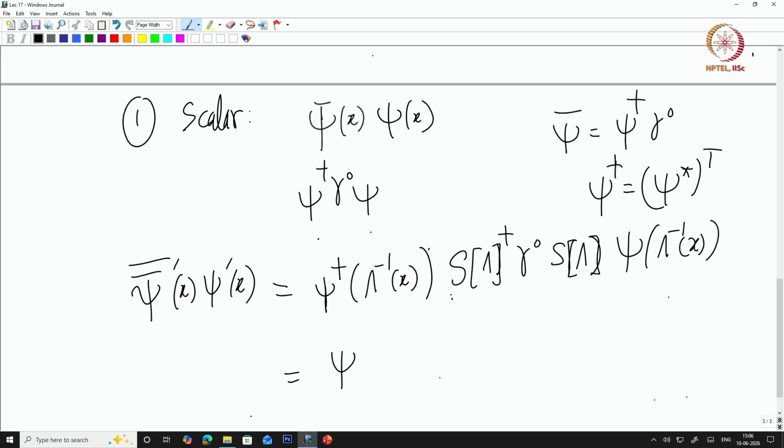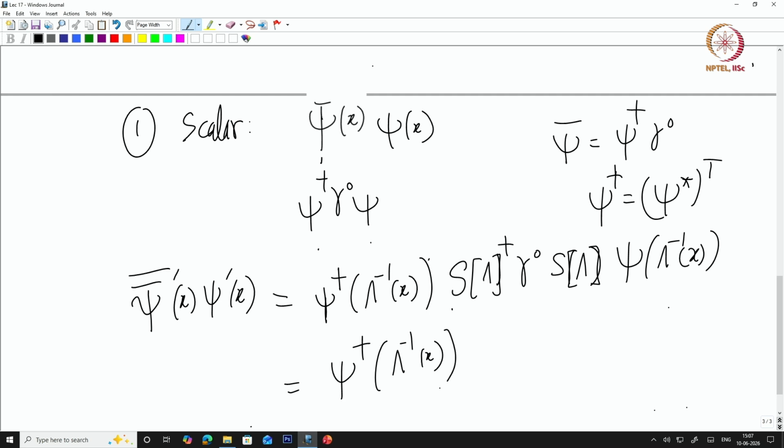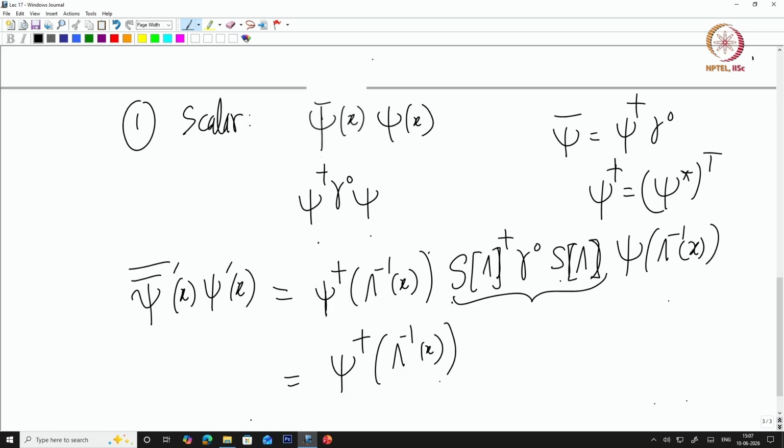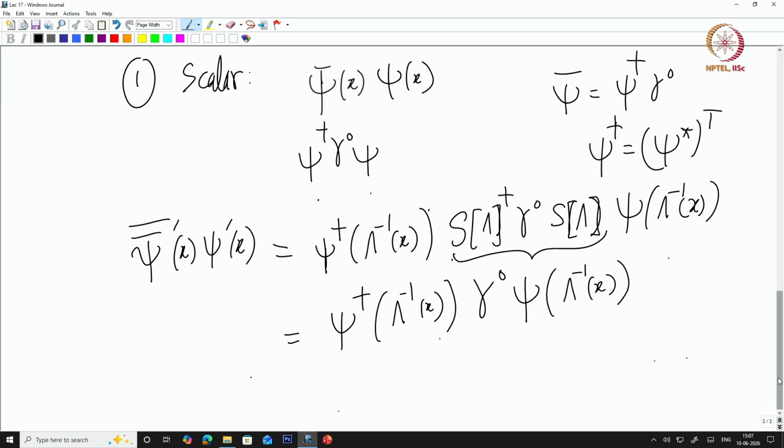So this entire thing, psi dagger of lambda inverse of x, and this S dagger gamma 0 S is nothing but gamma 0. This is the condition we get when we look at the covariance of the Dirac equation. That is how we derived it earlier, but this is nothing but gamma 0. Gamma 0 is invariant under this particular transformation. If you use the representation of S of lambda, which is one by four commutator of gamma mu gamma nu, you will end up with this.